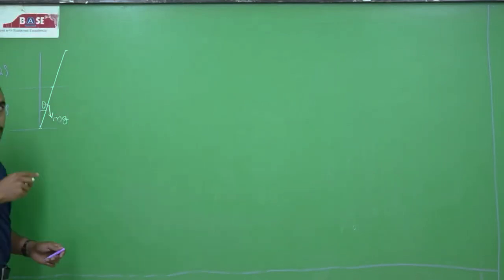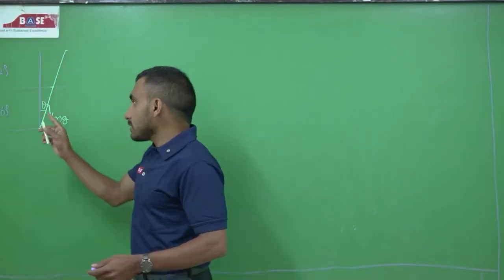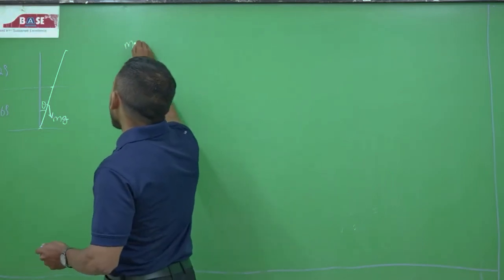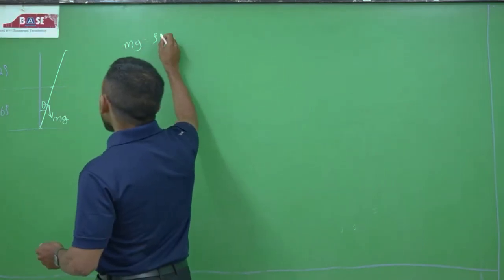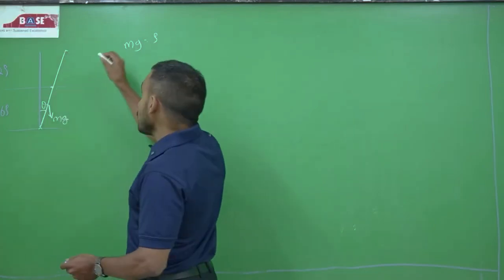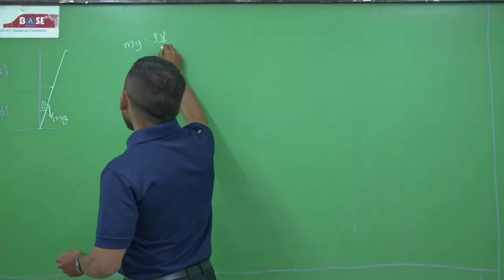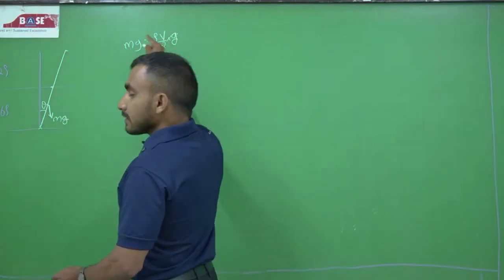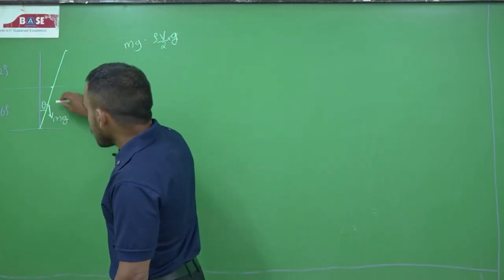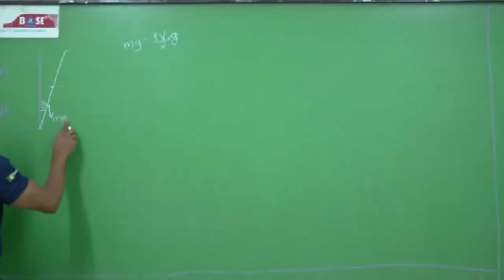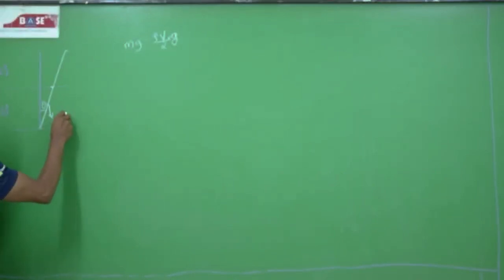Instead of mg, I can write mg will be equal to the weight of the rod from here to here. That will be rho, the density of the rod, into half of the volume of the rod into g. So I get rho into V by 2 into g in the downward direction.